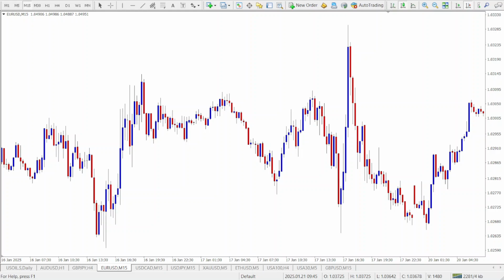You have to start by looking for areas where price moved quickly away from a level. For example, here we can see how price moved quickly from here, and then here again we can see that we had rejection.